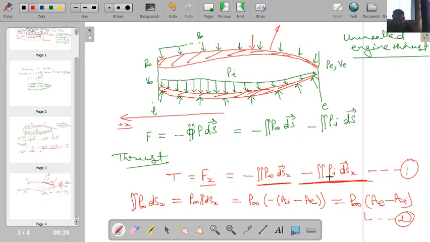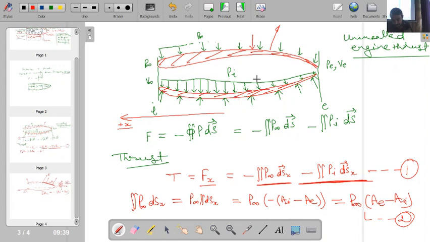Now this is the second term, and for estimating the second term I should know the internal surface pressure distribution, whereas this internal surface pressure distribution at the moment is not known to me. So if it is not known to me, how can I further proceed?